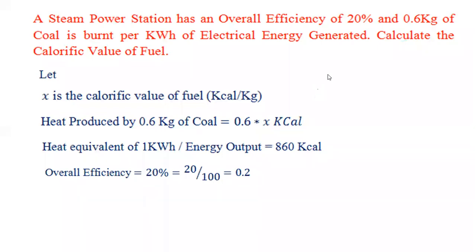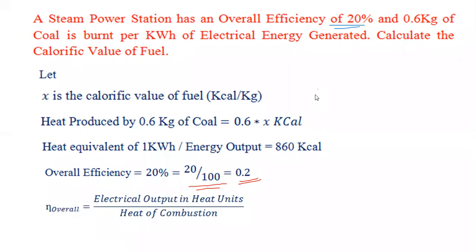And they have given the overall efficiency in the problem as 20%. Now 20% is represented as 20 by 100, so we get 0.2. Now to find the calorific value, the formula is: overall efficiency equals the electrical output in heat units with respect to the heat of combustion.